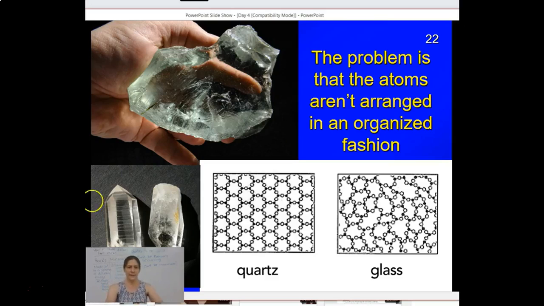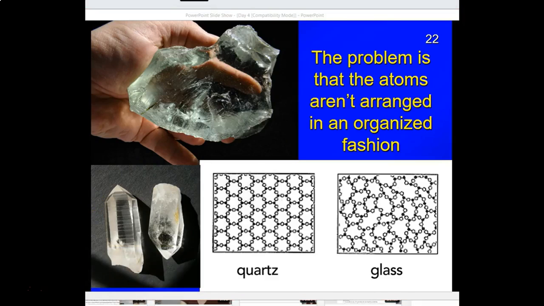If you look at the glass, and let me hide my face because I'm blocking that view there. The problem with glass is that the atoms aren't arranged in an organized fashion. So when you take that liquefied quartz, that liquid SiO2, and you cool it super, super, super fast to make it a glass, there's no time for the atoms to arrange in a repeating pattern.